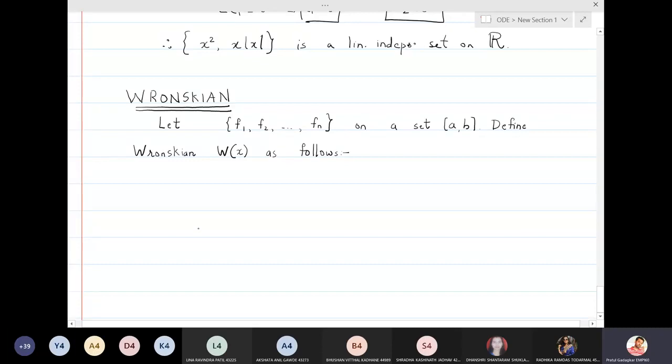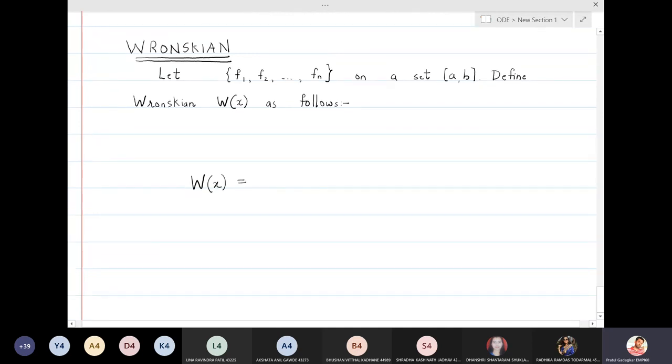So W(x), now it's a big determinant. So the Wronskian W(x) is the determinant.